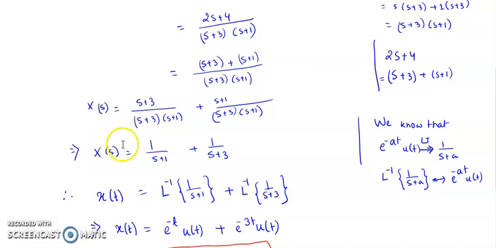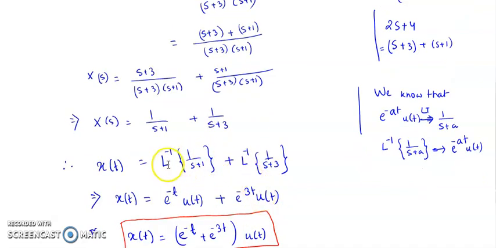Since X(s) equals these two fractions, 1/(s + 1) and 1/(s + 3), we can take the inverse Laplace transform on both sides. The inverse of X(s) gives x(t), and then L⁻¹ of 1/(s + 1) and L⁻¹ of 1/(s + 3). For these we can use the formula, where a is the constant.